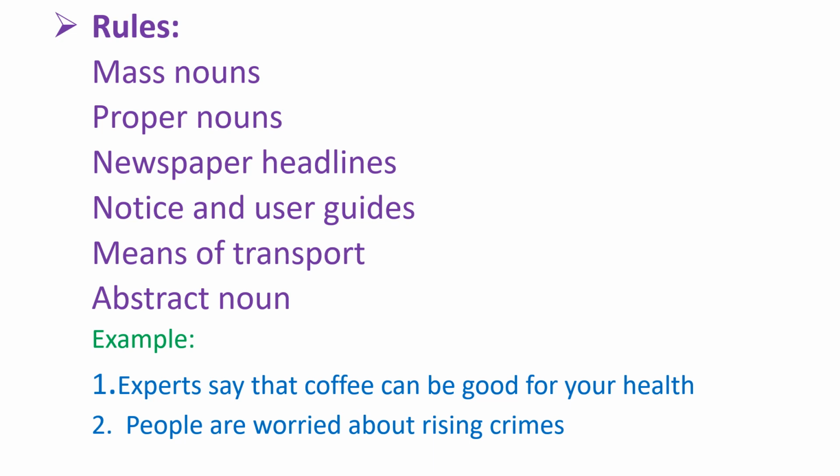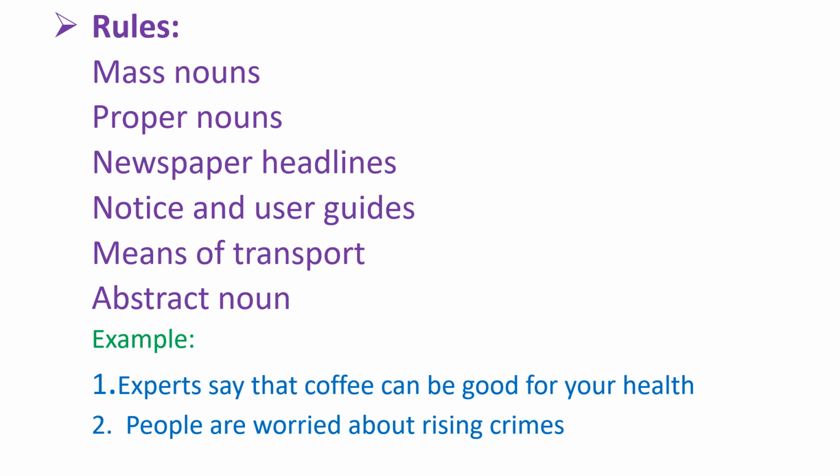Next is proper noun. Proper nouns are definite on their own, so there is no need to use an article to define them. We do not use an article with names. We do not use an article with places, with days and months. Newspaper headlines. We do not use articles with newspaper headlines, notices and user guides.